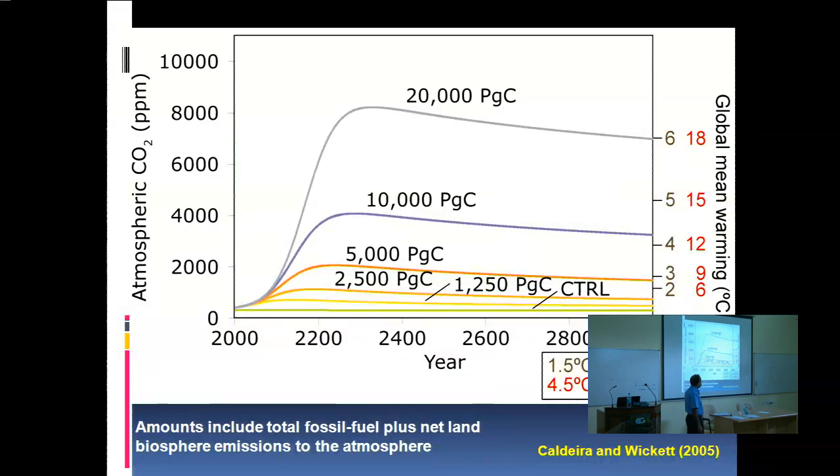Now remember, these are from simple models, and there are two scales given here. This is if the climate system has a higher climate sensitivity, and this is for the lower climate sensitivity. For every doubling of atmospheric CO2, if the climate system warms by 1.5 degrees, the eventual warming could be about 3 degrees.